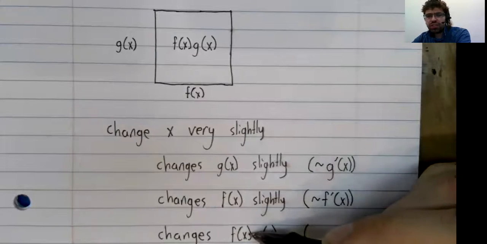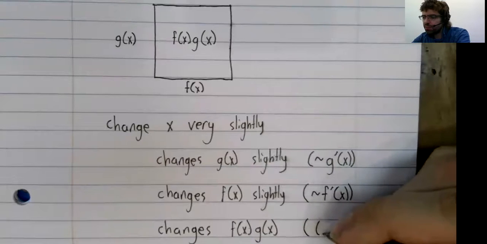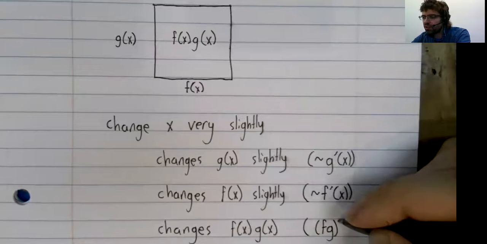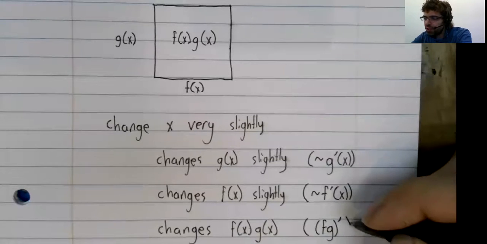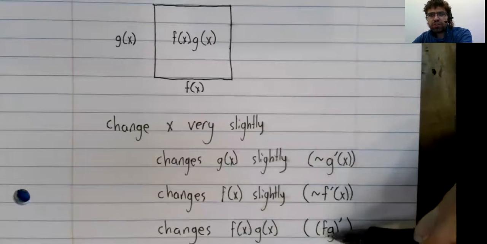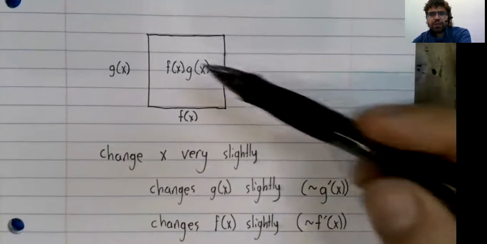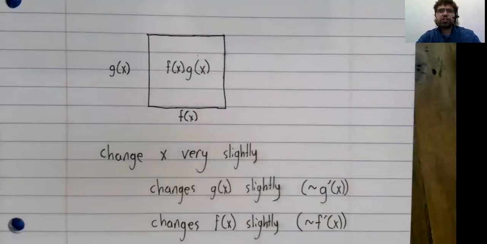And how much does it change f times g? Approximately by the rate of change of f times g. So if we're looking for this derivative, we're asking how this area changes.